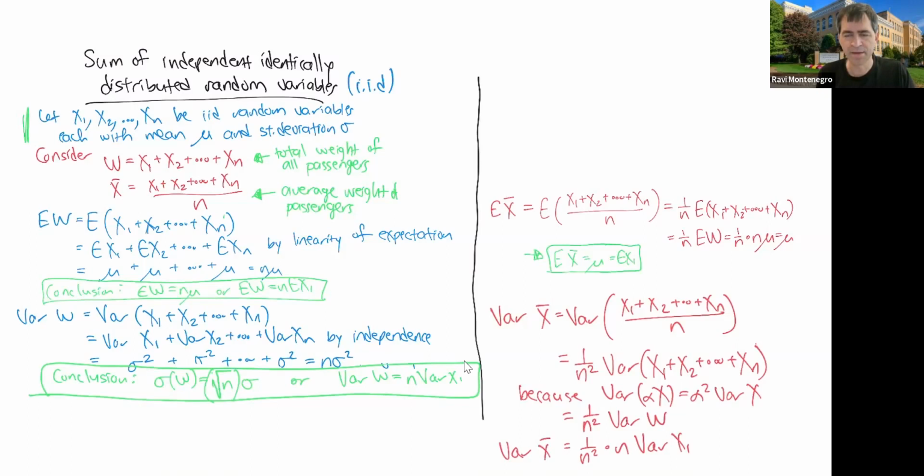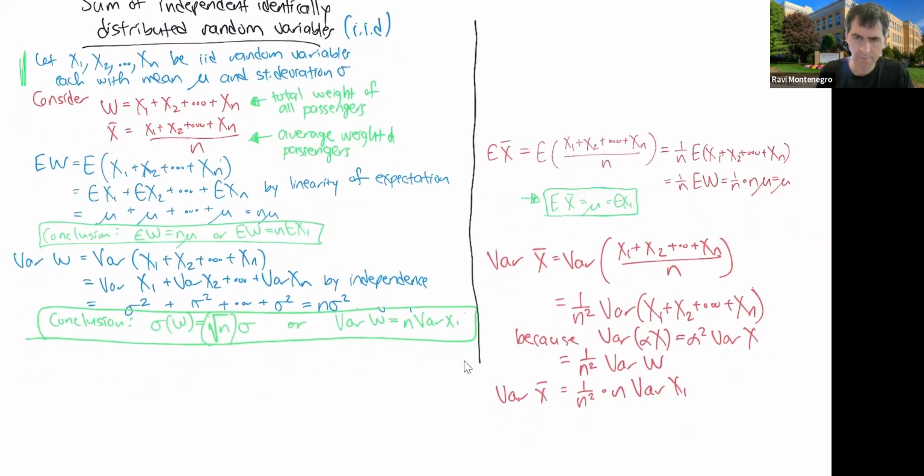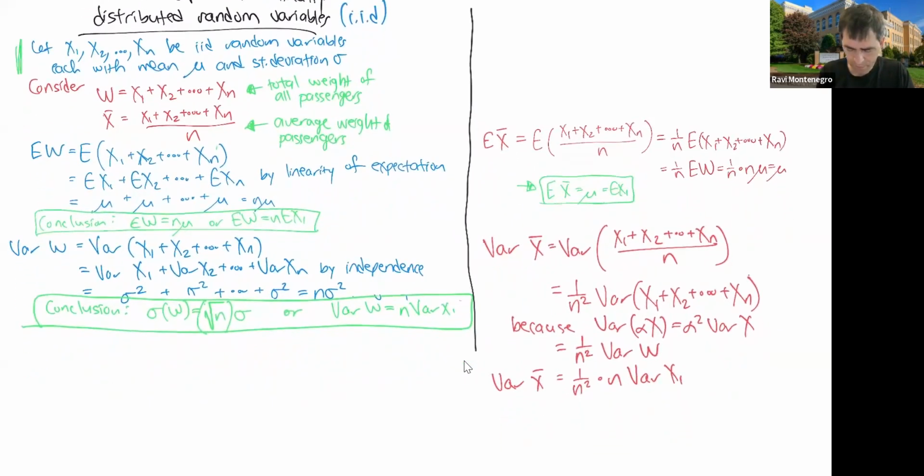Well, the n on the top cancels one of those on the bottom. So the variance of x bar is 1 over n times the variance of one term.